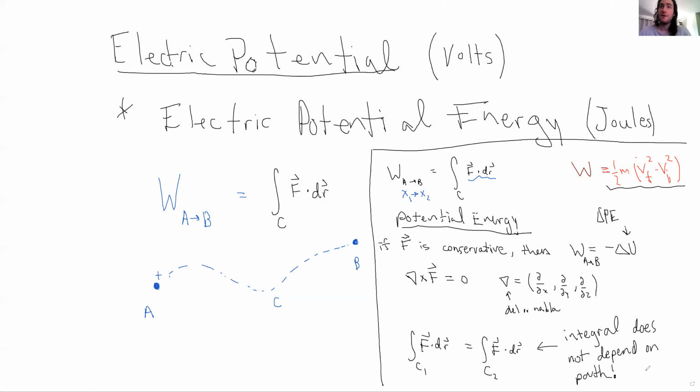And again, if f is conservative, then we can define this potential energy. The work done on a particle as it moves from A to B is equal to minus its change in potential energy. So simple examples of potential energy are like mgh, or mg delta y, right?